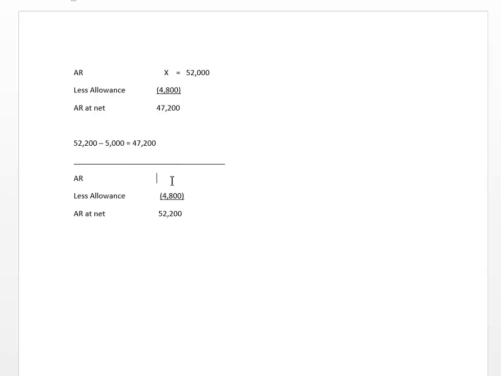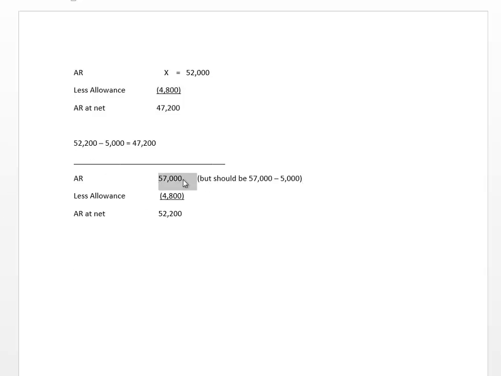Some students said, well, wait a minute, I would have had an AR balance here of how much? I would have had a balance, if I had done this math, of 57,000. And some students would say, but I know that's wrong. How do we know it's wrong? Because it should be 57,000 less 5,000. So some students who got it did it this way.